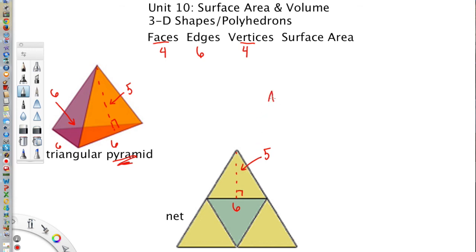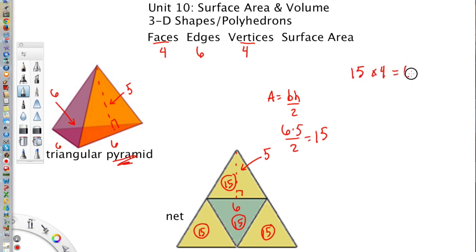We know that our area formula for a triangle is base times height divided by 2, which is 6 times 5 divided by 2, which is 15 units squared. So we have 15 units there, 15 units there, 15 units there, and 15 square units there. We can just say, hey, we got 15 times 4, we know is 60 units squared. So there is our answer.